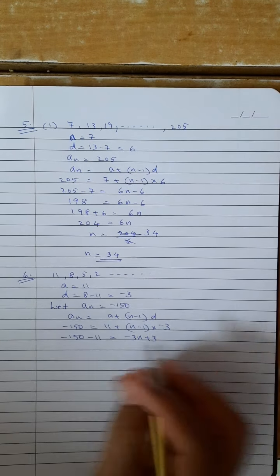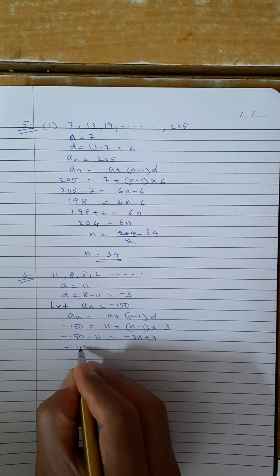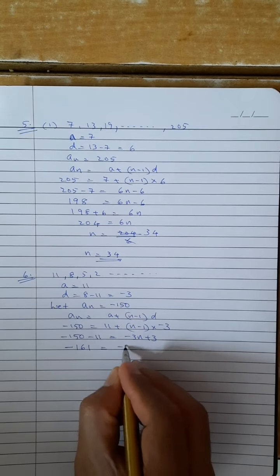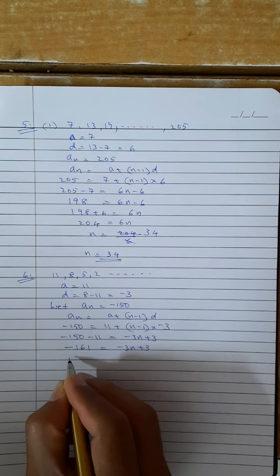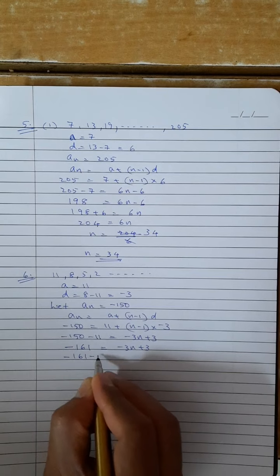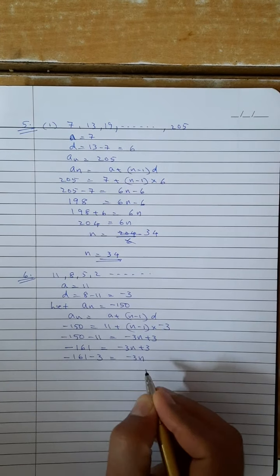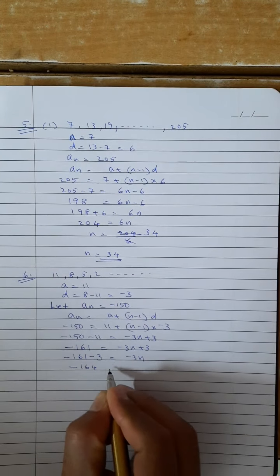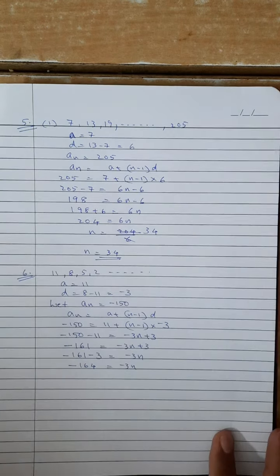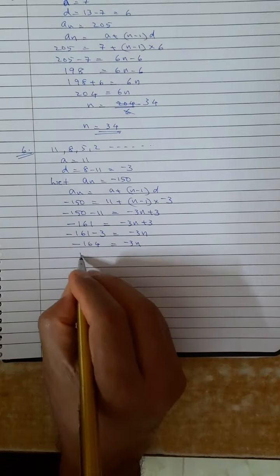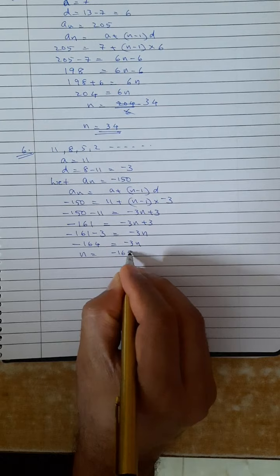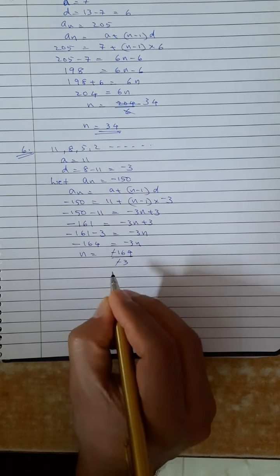This is minus 161 equal to minus 3n plus 3. 3 will come here: minus 161 minus 3 is equal to minus 3n. Minus 164 equal to minus 3n. Here we can say n equal to minus 164 upon minus 3. Minus cancelled, 164 upon 3.